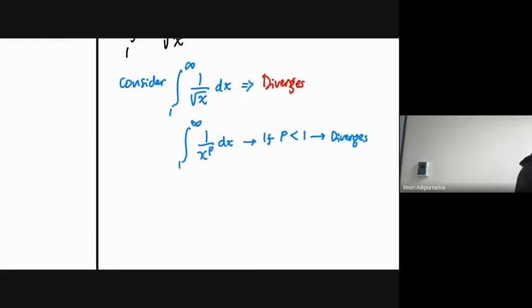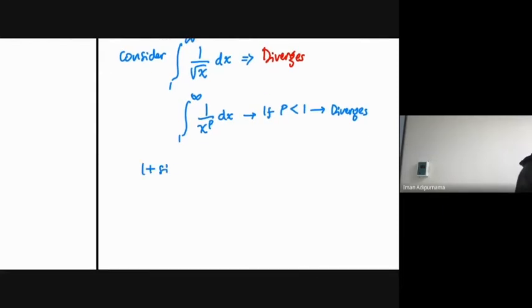Now we can also set up the 1 plus sine squared x over square root of x, and let's say the maximum value of sine is just 1. So this is actually greater than this, right?